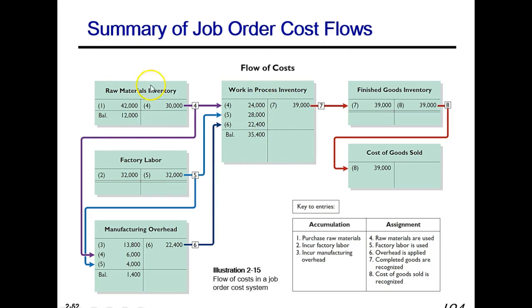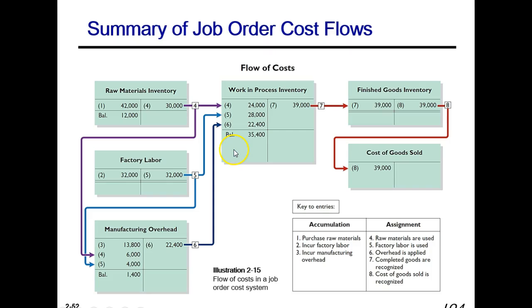So as you see here, this shows how we started all the costs. We purchased raw materials. We also had some factory labor. We incurred all these manufacturing overheads. When we needed raw materials, we requested them, a material requisition from the raw materials inventory. We put it into our work in process along with our factory labor. We calculated a predetermined manufacturing overhead based on hours of some kind or costs, and we put that estimated predetermined overhead into our work in process.